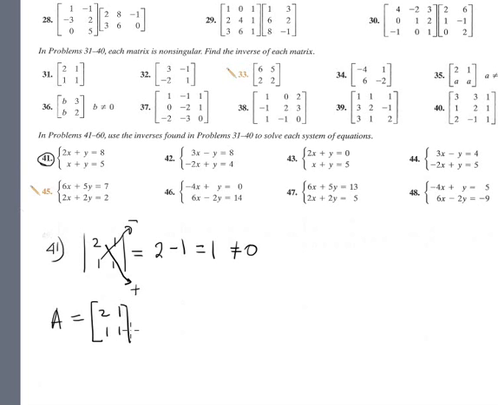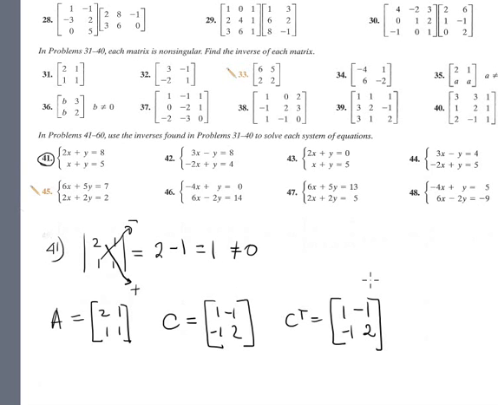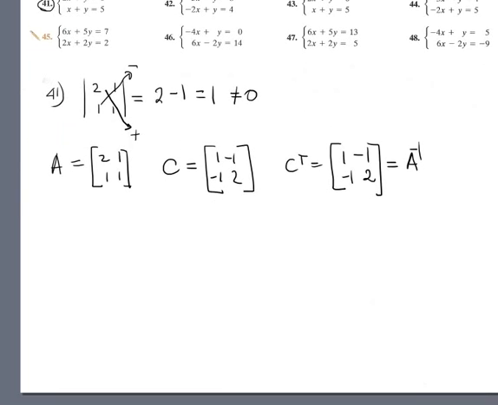Remember, cofactor matrix, when it's 2 by 2, you interchange this 1, 2, and this is negative 1, negative 1. Cofactor transpose. It's the same, because this matrix is symmetric. Now finally divided by 1, I'm going to find the inverse. This is the inverse. The cofactor transpose is exactly the same as the cofactor.